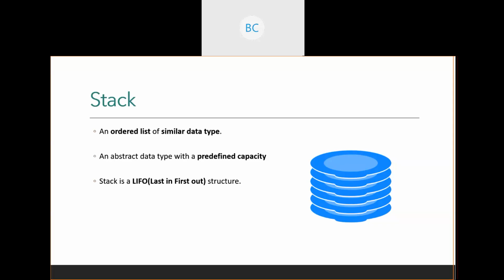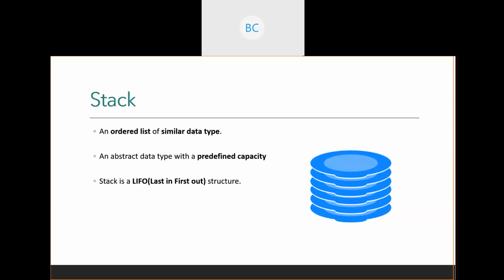Think more. Okay, can you say when we undo things, what should be the data structure there? Suppose while typing something, we always click the undo button, right?